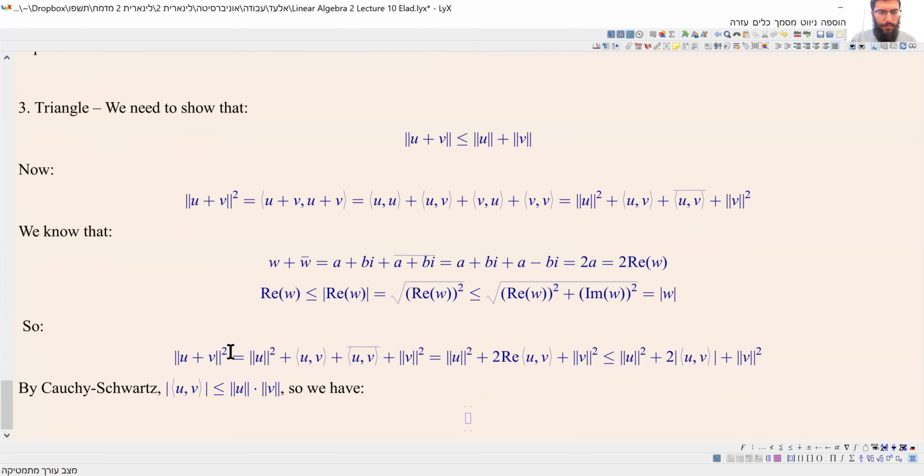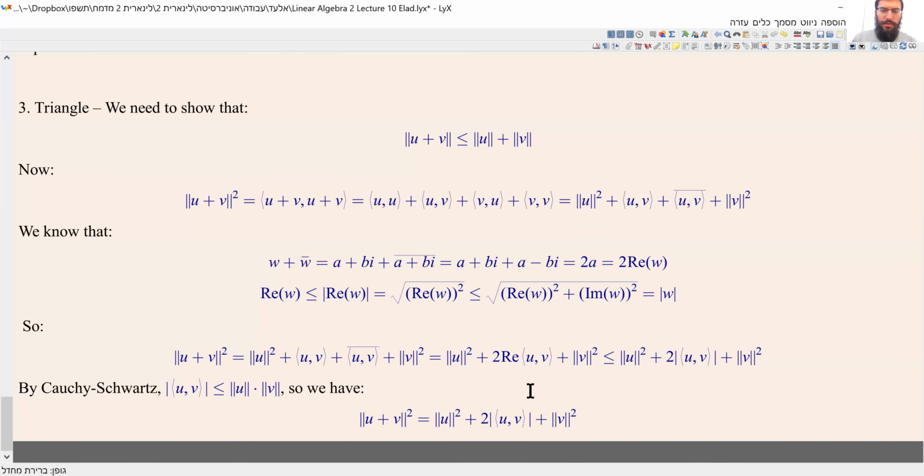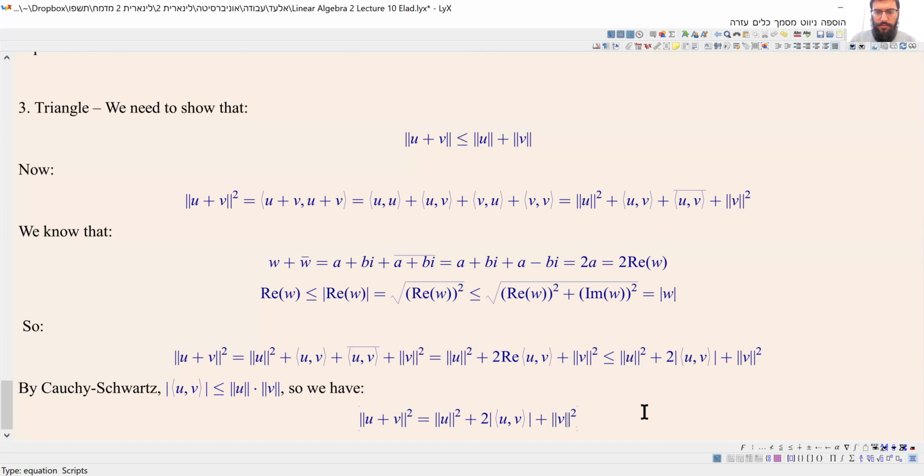We have the norm of u plus v squared, which is the norm of u squared, plus twice the absolute value of the product, plus the norm of v squared, is smaller than or equal to the following sum, where we substitute the absolute value of the product of u and v with the multiplication of norms.